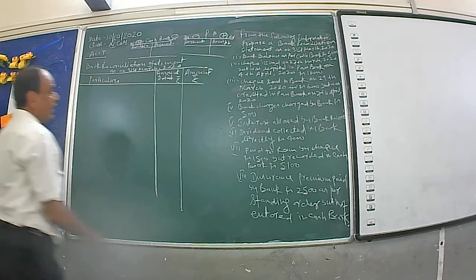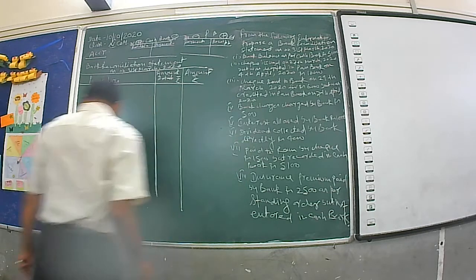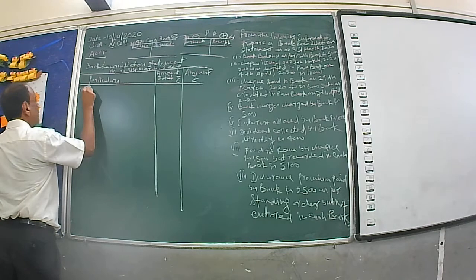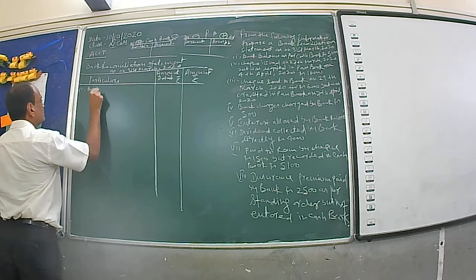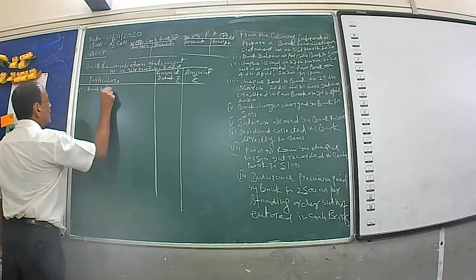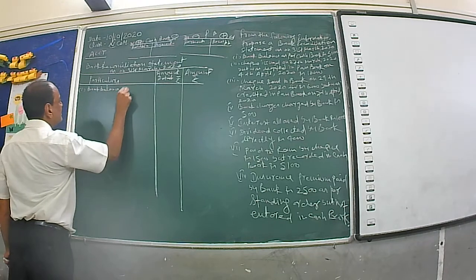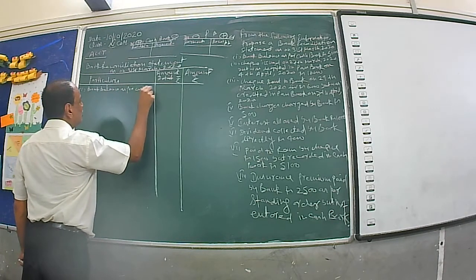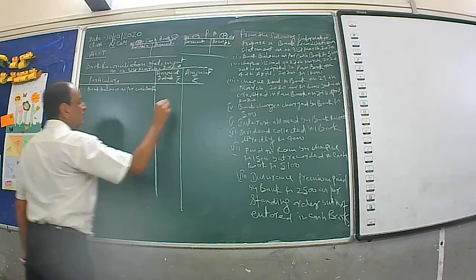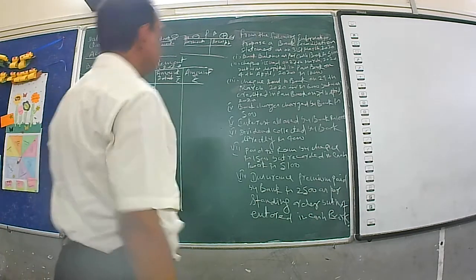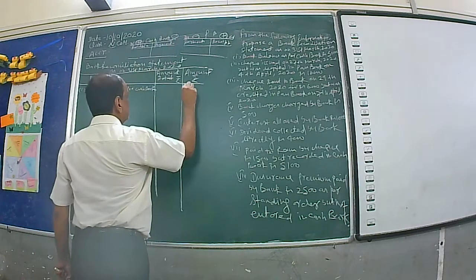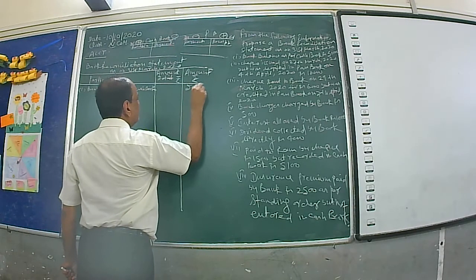So first write down bank balance as per cash book, amount 50,000, in the outer column.